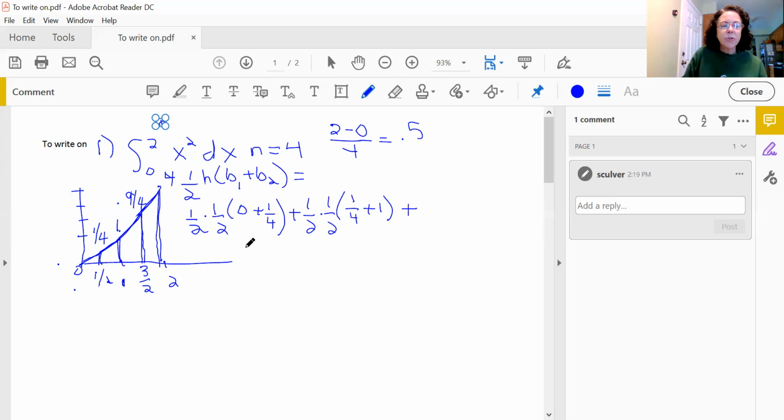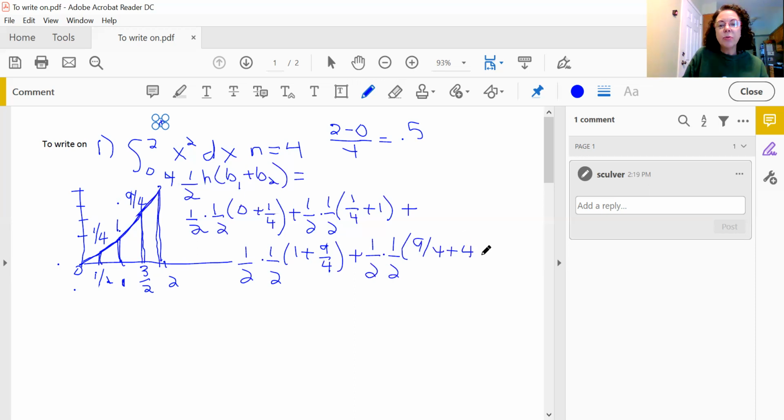Plus the third trapezoid, 1/2 is part of the formula, 1/2 is the height, and the 2 bases are 1 and 9/4. And the last trapezoid, 1/2 part of the formula, 1/2 for the height, and the 2 bases are 9/4 plus 4.